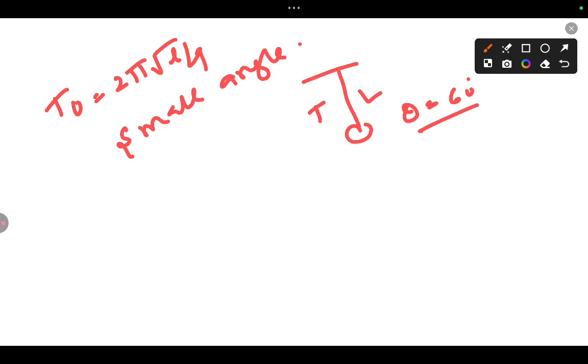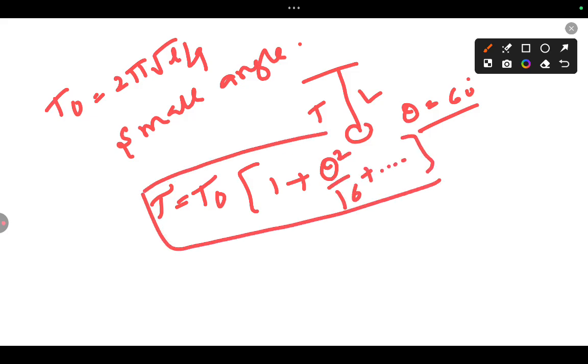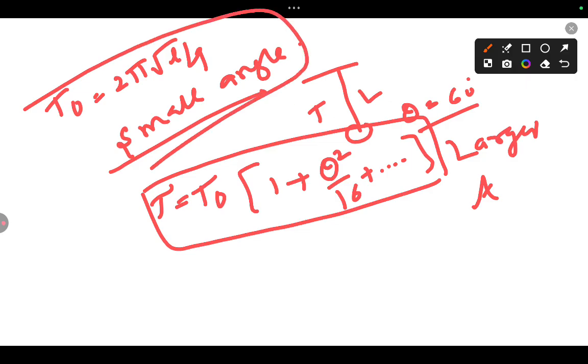As we know very well, for large amplitude we have a special formula for the pendulum: T equal to T naught times (1 plus theta square by 16 plus so on). This is the formula for larger amplitude, and T naught is for small angles.